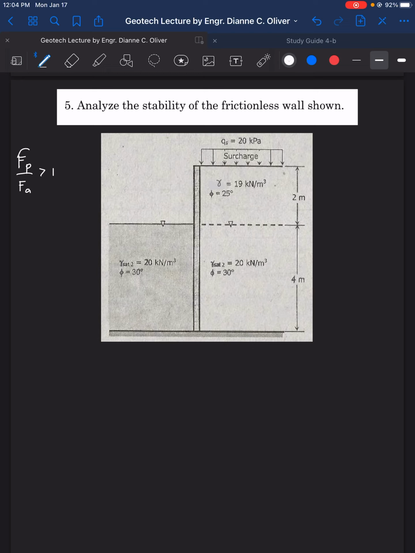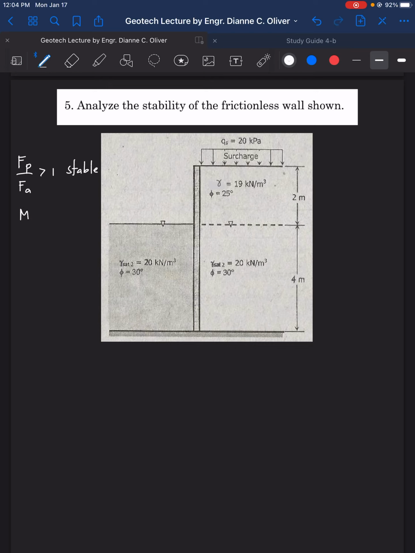We discussed that the passive force tends to make the structure stable, whereas the active force will tend to push the structure, so it will cause instability. So if the force passive is greater than force active, then the structure is stable. Or if we take the ratio and it is greater than 1, that is stable.